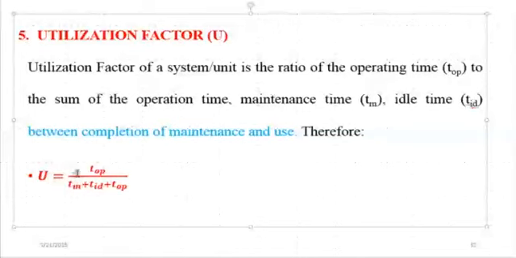So our utilization factor is equal to time of operation all over maintenance time plus idle time plus the time of operation.